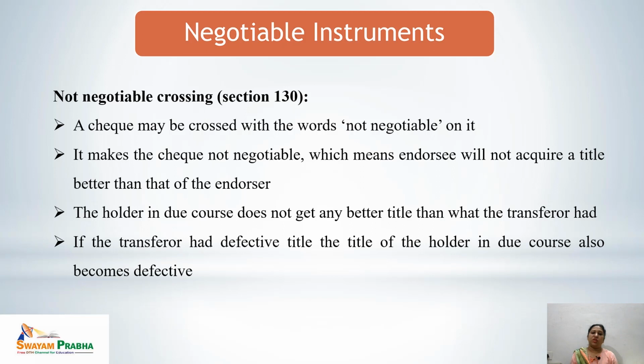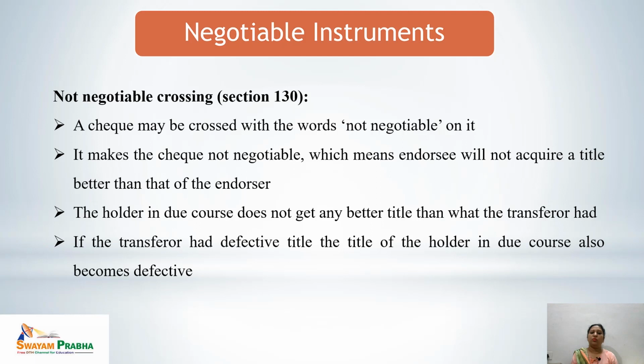Now, not negotiable crossing, which is covered under section 130. A check may be crossed with the words "not negotiable" on it. It makes the check not negotiable, which means the endorsee will not acquire a title better than that of the endorser. The holder in due course does not get any better title, as would be the case with all other negotiable instruments.